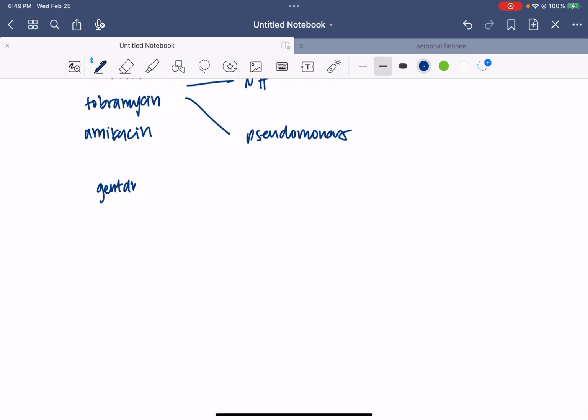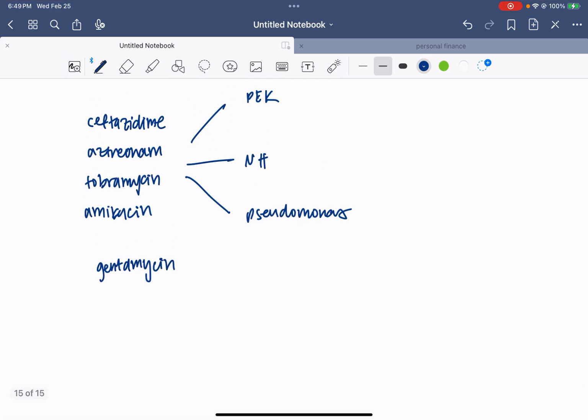Gentamicin is also an aminoglycoside, and it does cover PEK and NH, but it does not cover Pseudomonas. So they look exactly the same except for that one distinction.